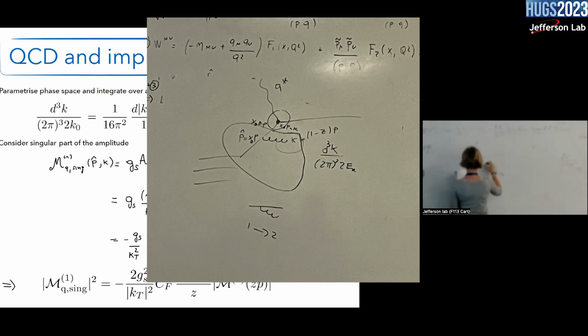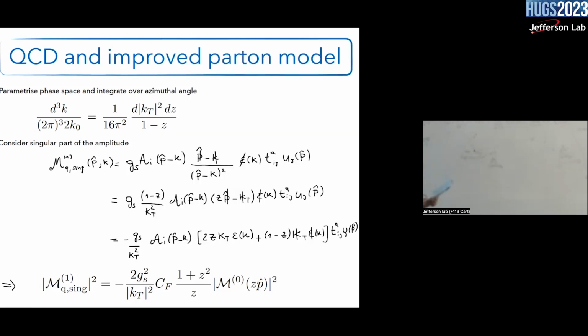Remember that I parameterize k as (1 minus z)P. So this guy comes in with the fraction z of the proton momentum. So I've got two fractions, x from here and z from the emitted thing. So here you have x_B z P. So from the phase space, you have this factor 1 minus z.